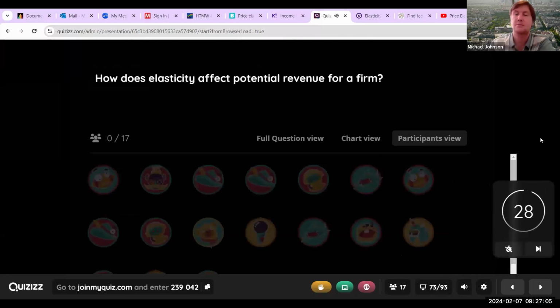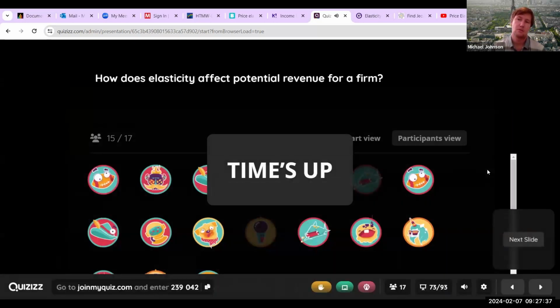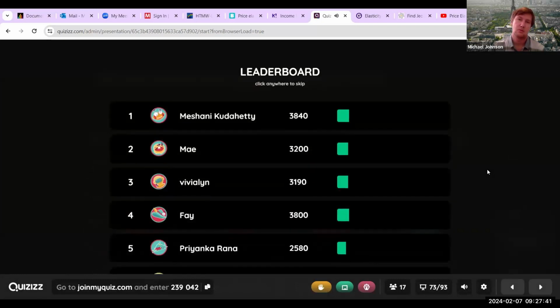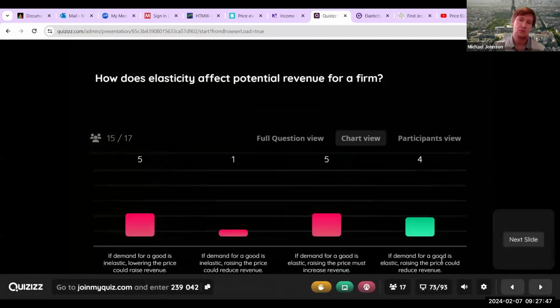So how does elasticity affect potential revenue for a firm? So if demand for a good is elastic, raising the price could reduce revenue.